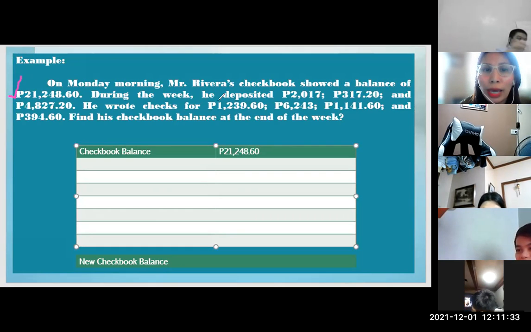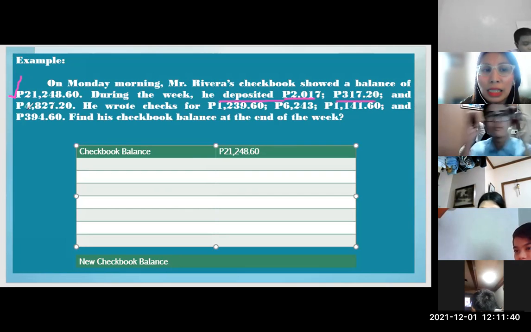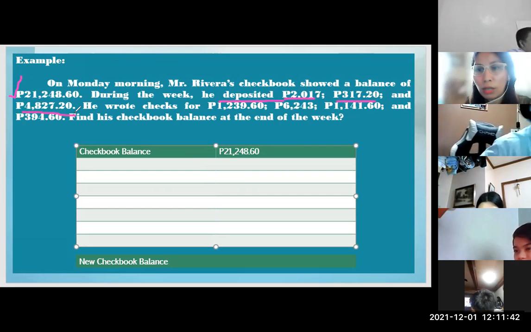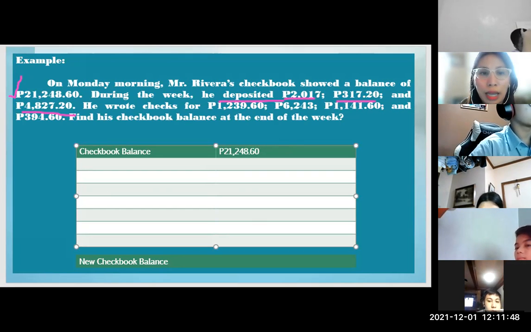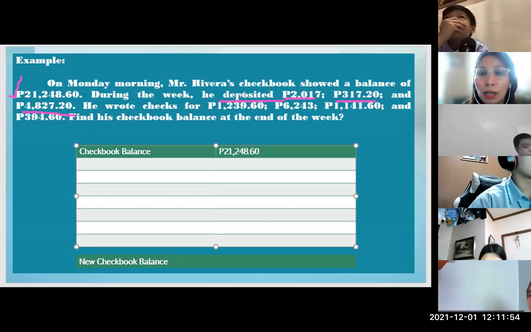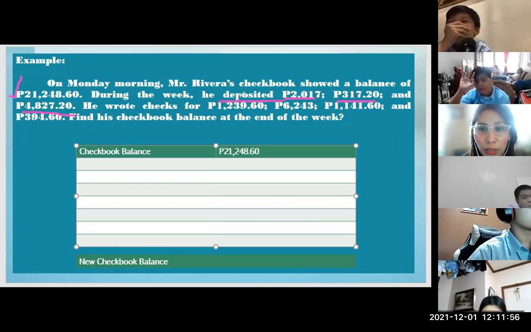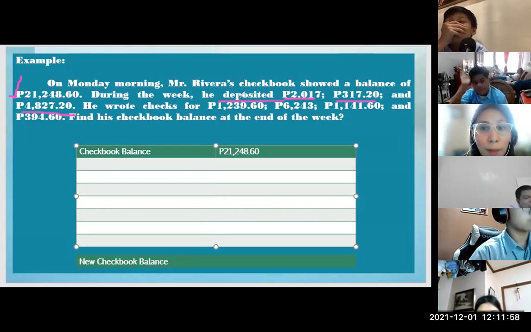Next, during the week, he deposited. So, when we say he deposited, what's this? An addition or subtraction? Addition or deduction? Mr. Kian, what do you think? When we say deposited, is it an addition to our balance or a deduction? Deposited.